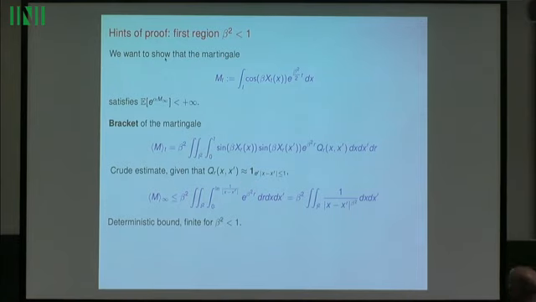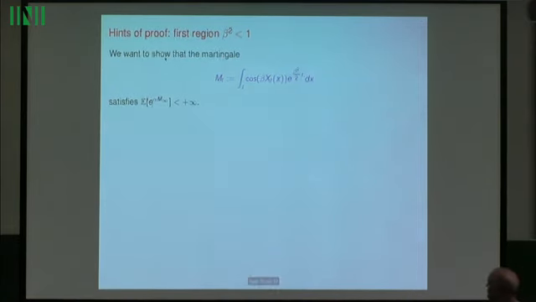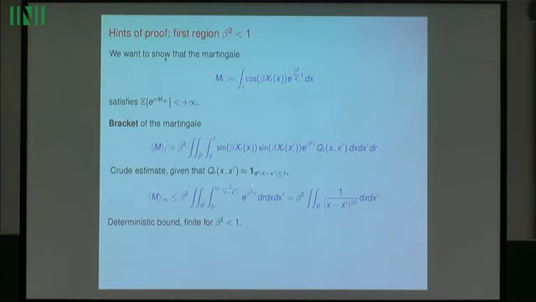And so if you make this replacement, you just have to integrate between 0 and the log of this exponential term here. But here you can make a very crude estimate. This quantity here is bounded by this quantity here. So it's finite for beta square less than 1.